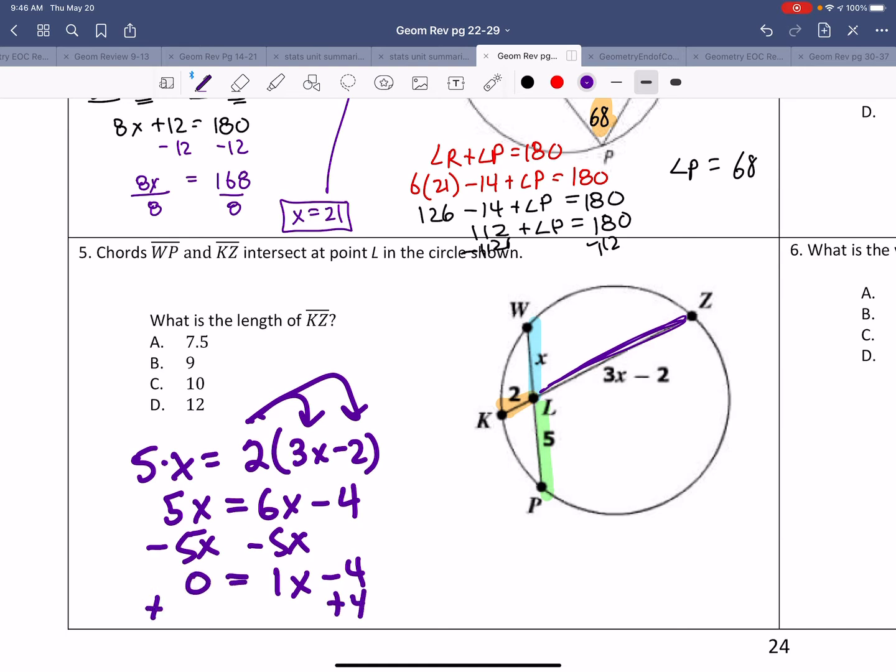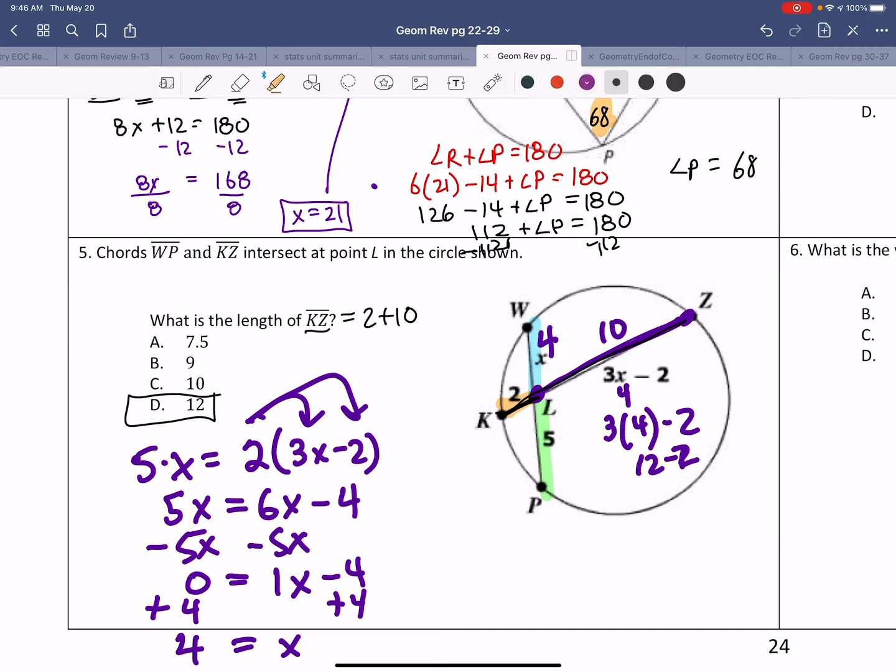And if we add 4 to both sides, we get x is 4. So we can plug in 4 here, plug in 4 there, and we get 10. Okay, so this distance is 10, and the orange distance is 2, right? So what is the length of KZ? The whole thing would be 2 plus 10, or 12. Well done.